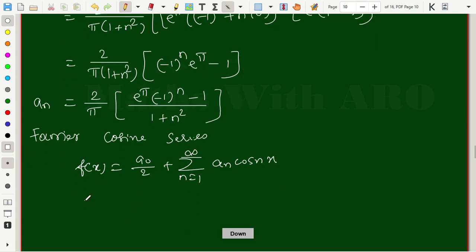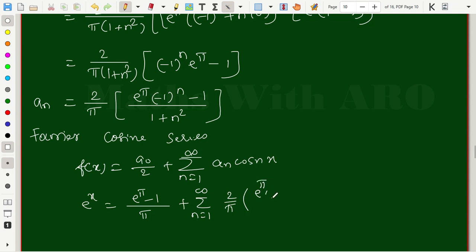So f of x ஓட value just e power x, a naught by 2 ஓட value ஆல்ரெடி கால்குலேட் பண்ணிருக்கோம், e power pi minus 1 divided by pi, then plus sigma n is equal to 1 to infinity an ஓட value, 2 by pi into e power pi (-1) power n minus 1 divided by 1 plus n squared into cos nx.